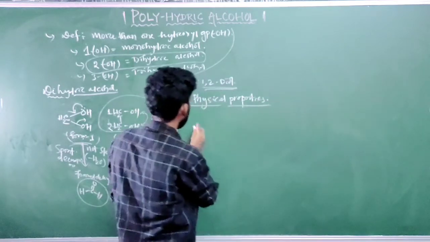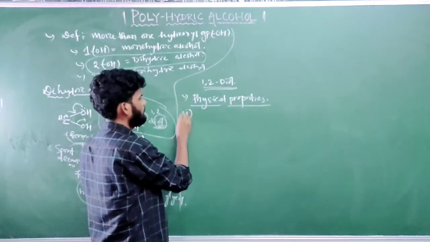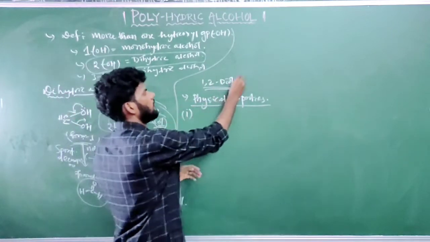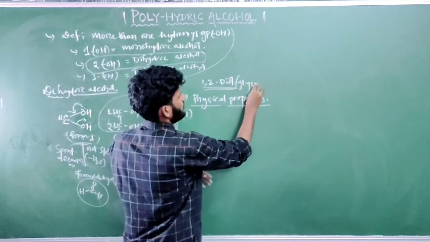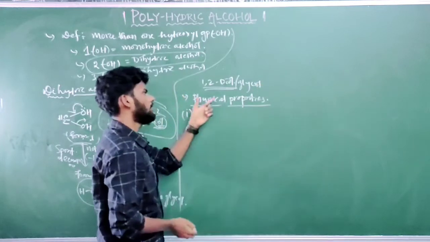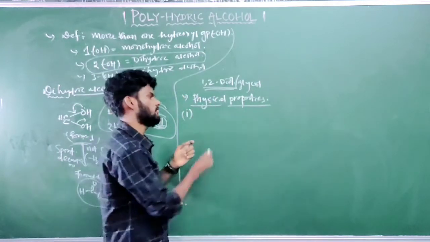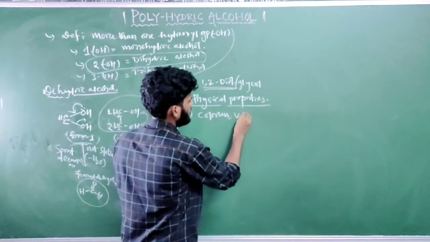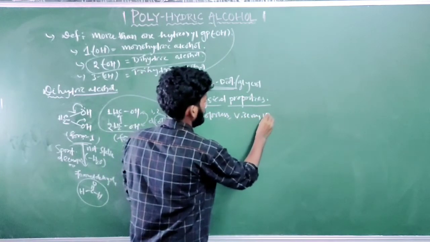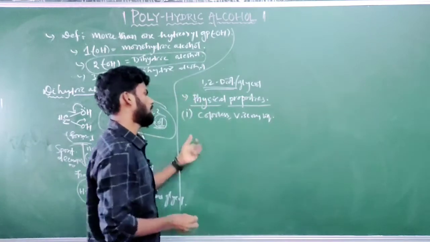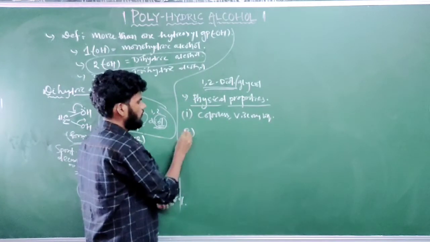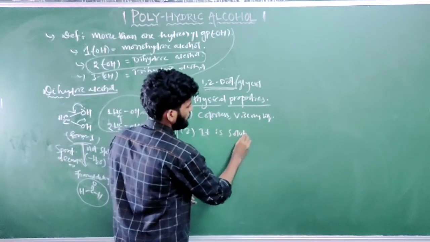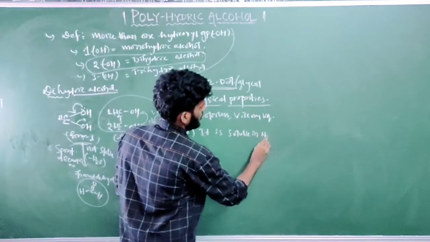Write the first point: the 1,2-diol, or glycol or ethylene glycol, is a colorless viscous liquid. And in the second physical property, write it is soluble in water.